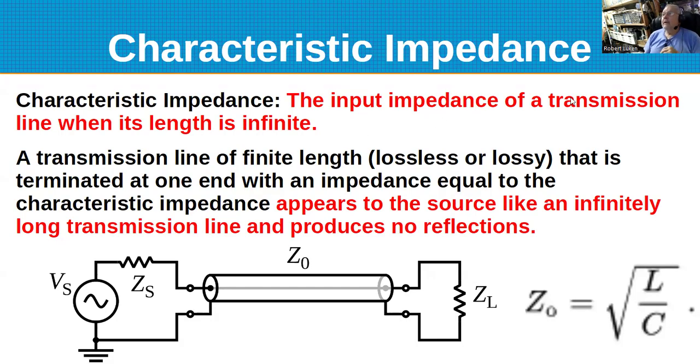So the first thing, get that kind of out of the way, is characteristic impedance. Any transmission line, which is basically any kind of cable, whether it's coax or what we call twin lead or parallel, where there's two wires and you have a current flowing through one conductor and back through the other conductor, is basically a transmission line.